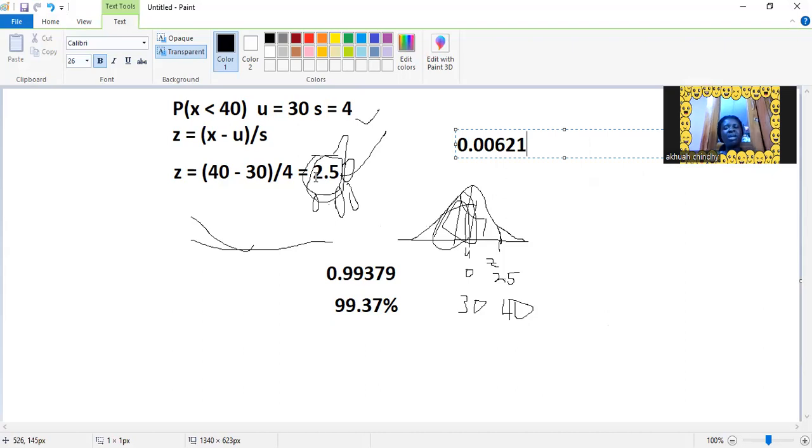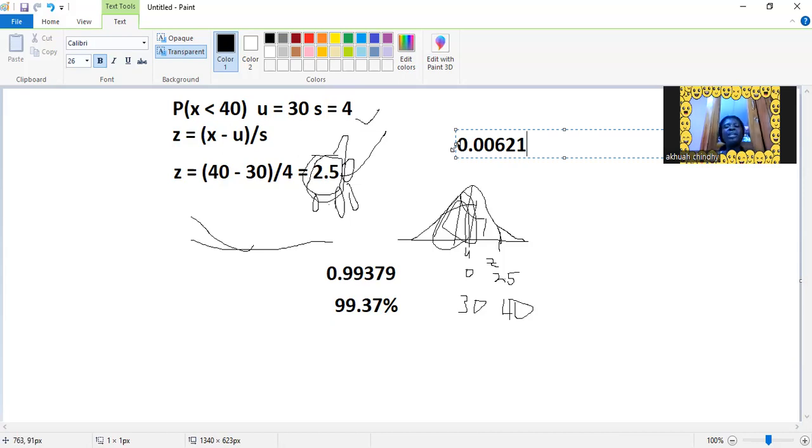But we know that the probabilities are symmetric about the mean. So if the probabilities are symmetric about the mean, it means that if I know the negative side but I don't know the positive side, I can use the negative to find the positive.